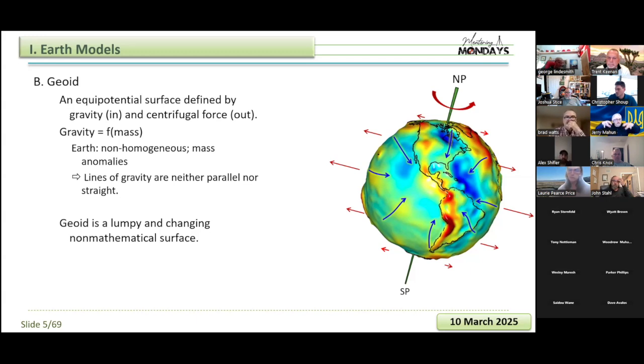Even on the surface of the Earth, you can see the effect when you're at the foothills by the Rockies: a vertical line is actually deflected towards the Rockies because of that mass anomaly. The result is that this is a surface we reference to, but it's a lumpy, changing, non-mathematical surface. So what do we do?